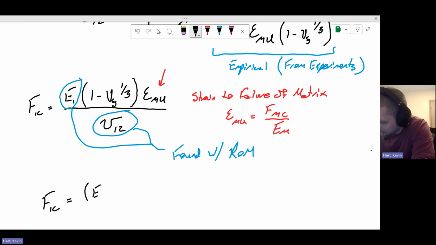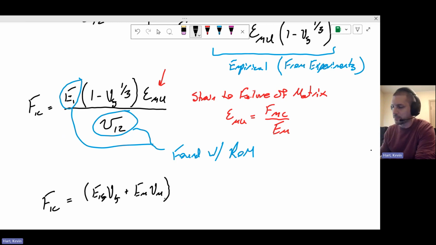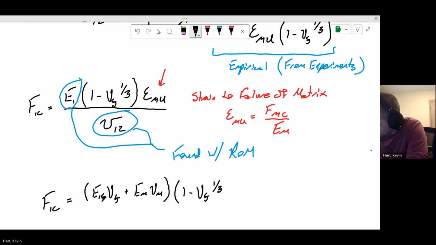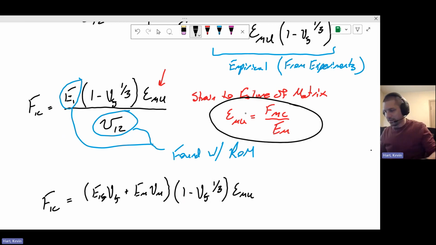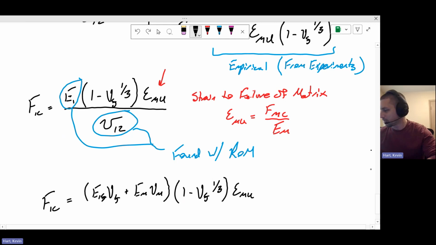So this is E1F VF plus EM VM. This is the rule of mixtures for the elastic modulus in the one direction, multiplied by this Nielsen approximation, 1 minus VF to the 1/3, times the strain to failure of the matrix in compression, so epsilon MU, which we saw over here. So if you want to write it using that methodology, you can do that as well.